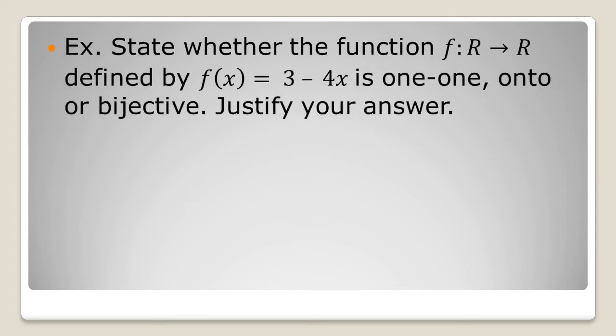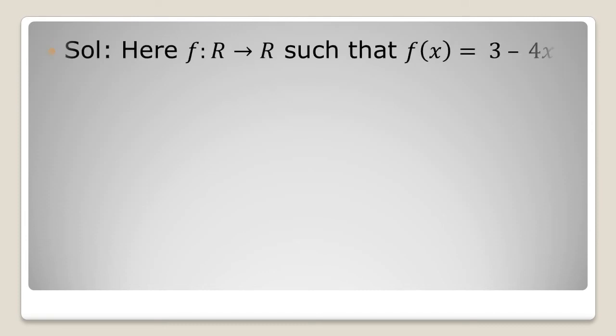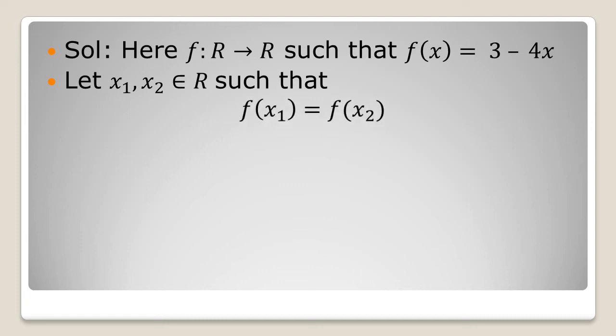The next problem is a function defined from the set of real numbers to the set of real numbers as f(x) = 3 - 4x. We need to check whether it is 1-1 or onto. So for this, given the function, we consider two elements x1 and x2 from the domain of the function, that is the set of real numbers, such that f(x1) is equal to f(x2).